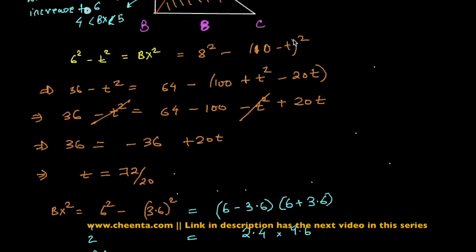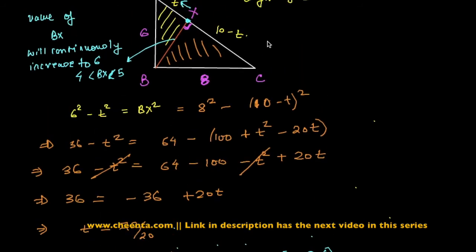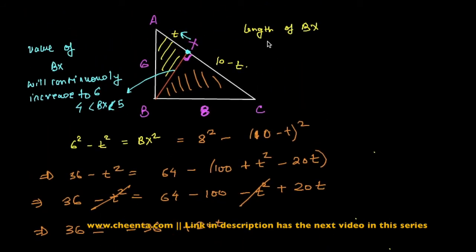It will start from 4 point something, and then it will increase to 6, meaning somewhere in between. Since this increase is happening continuously, it will achieve the value of 5.